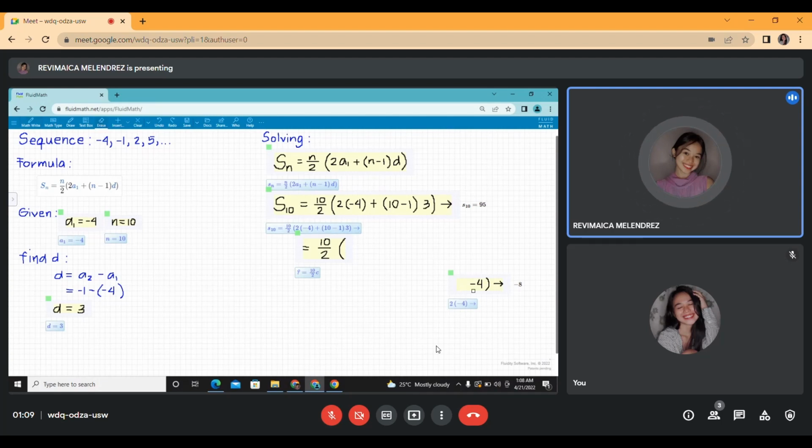So 2 times negative 4 is equal to negative 8. Let us erase this first. So 2 times negative 4 is equal to negative 8 plus 10 minus 1, so we have here 9 times 3.